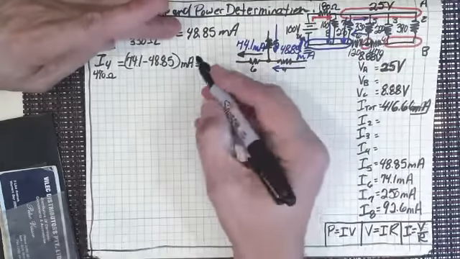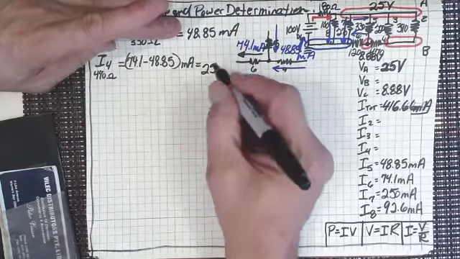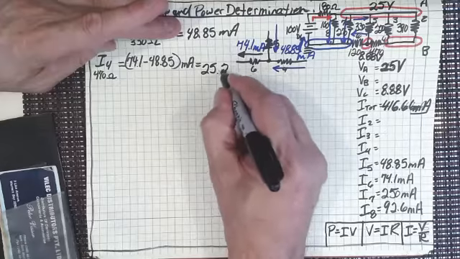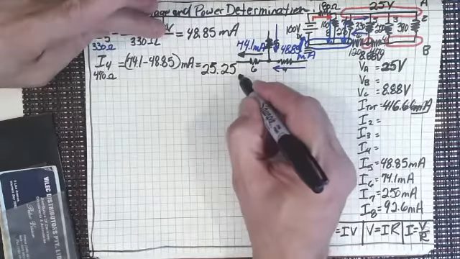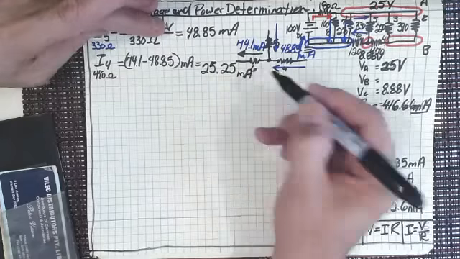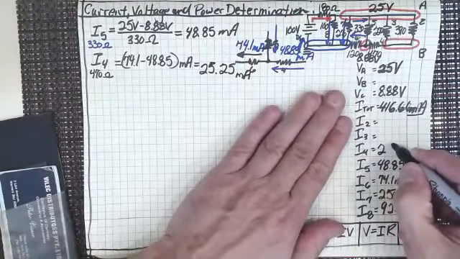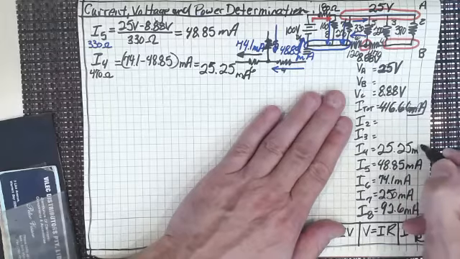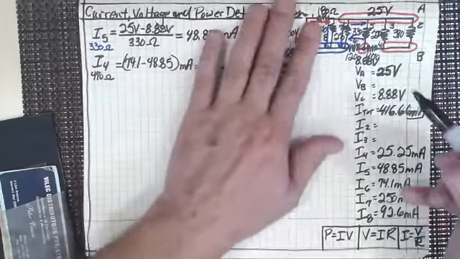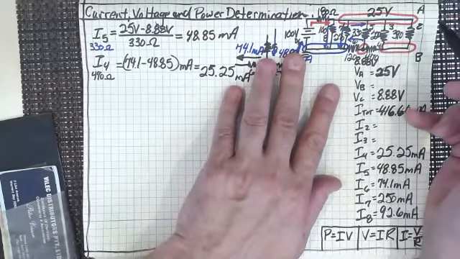So what this leaves us with is 25.25. How appropriate is that? Milliamps. So there you go. Now we have I4, don't we? 25.25 milliamps. Now that also tells us something very interesting, doesn't it?